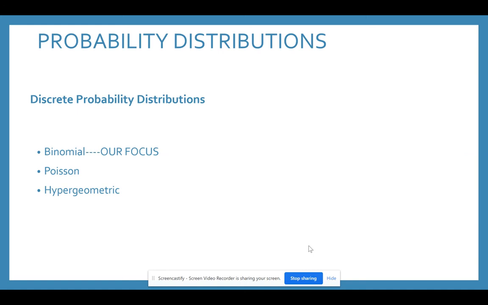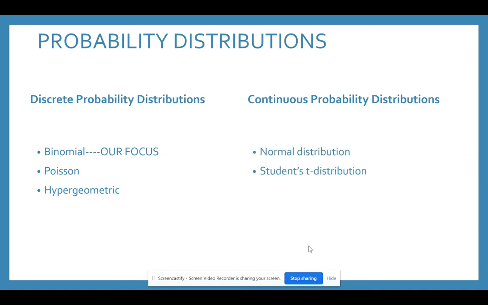If you continue on and take the second statistics course, you'll talk some about the Poisson as well as the hypergeometric. You can actually take an entire course on discrete probability distributions. Because this is a survey course, we're picking and choosing what we talk about. For continuous probability distributions, we're actually going to touch on all of these that I've listed here. Neither of these lists are exhaustive, but these are some of the more commonly used ones.